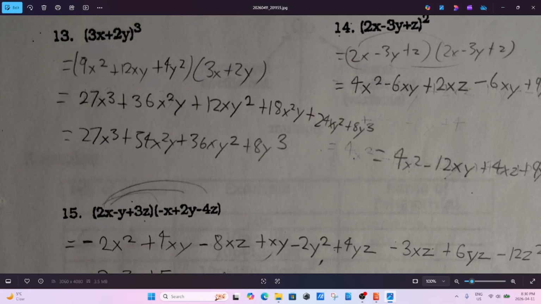Okay, question 13: (3x plus 2y) to the 3. So that's just 3x plus 2y times 3x plus 2y times 3x plus 2y.